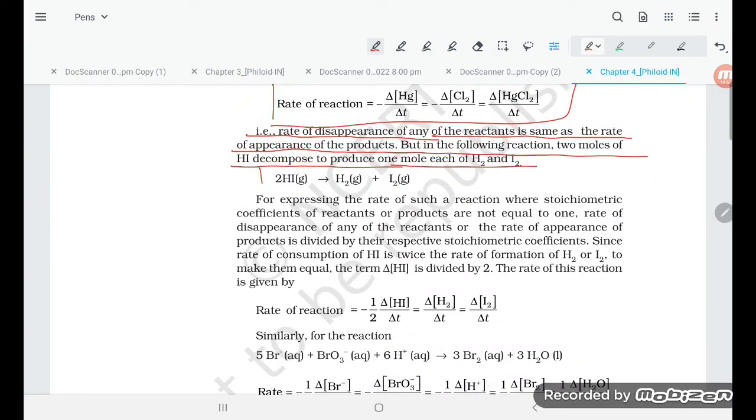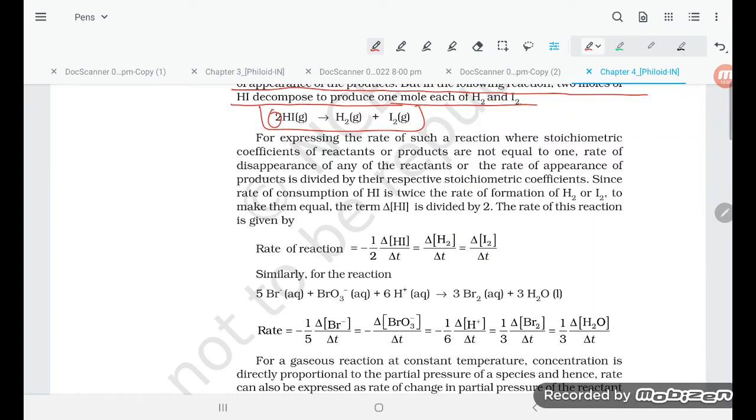So here you can see the coefficient 2 is there. So in this case, what are you going to do? For expressing the rate of such a reaction, where the stoichiometric coefficients of the reactant and product are not equal to 1, the rate of disappearance of the reactant or the rate of appearance of the product is divided by the respective coefficient, since the rate of consumption of HI is twice the rate of formation of H2 or I2.